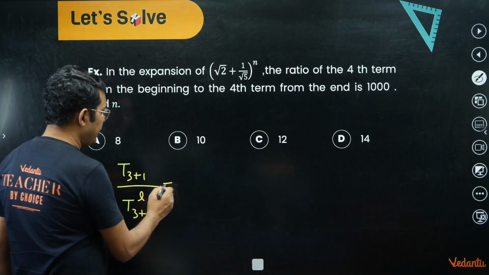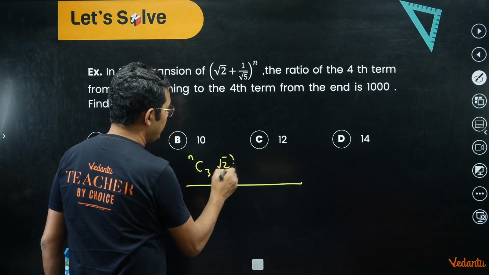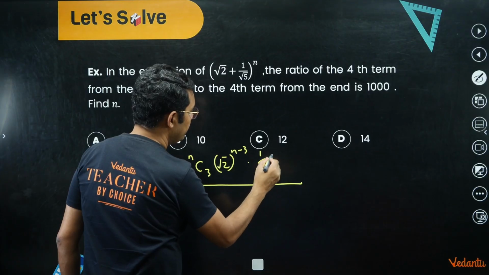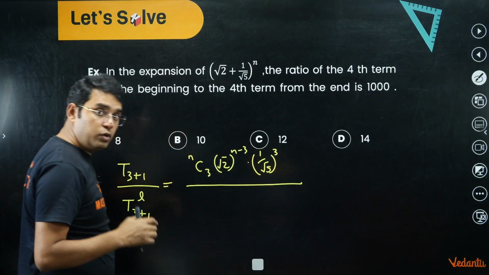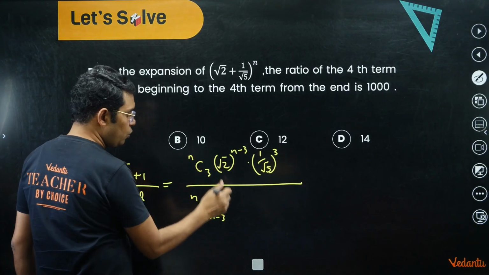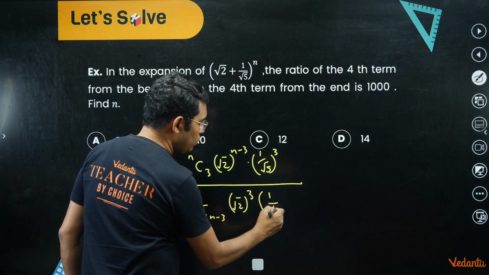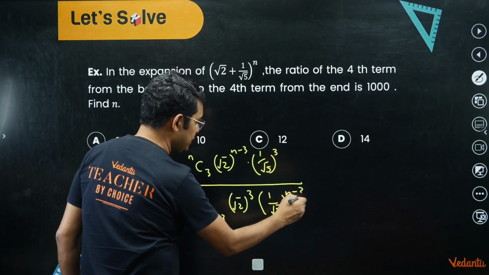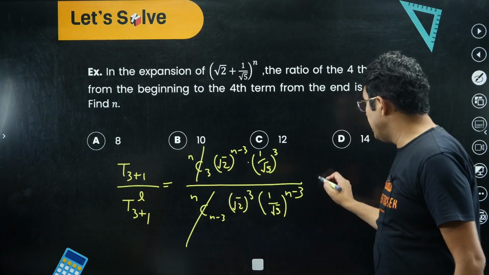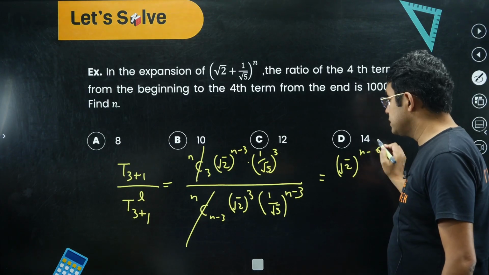Okay, so in this case here it will be nC3, root 2 power n minus 3, and 1 upon root 5 power 3. Whereas to write it from the last, I think it will be nC(n minus 3), root 2 will be having power 3 and 1 upon root 5 will be having power n minus 3. I think these two are same, so they will get cancelled. Now the power of root 2 you can check, it will be n minus 6.